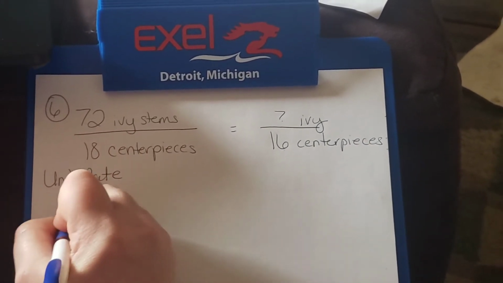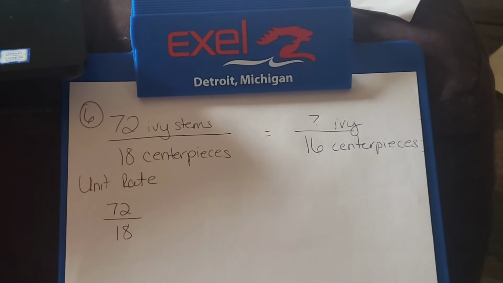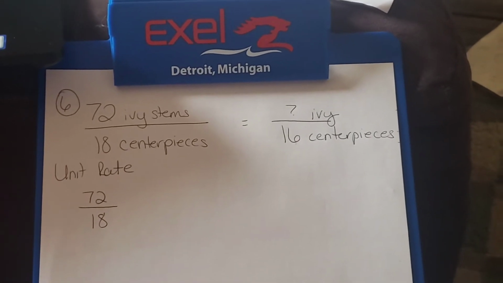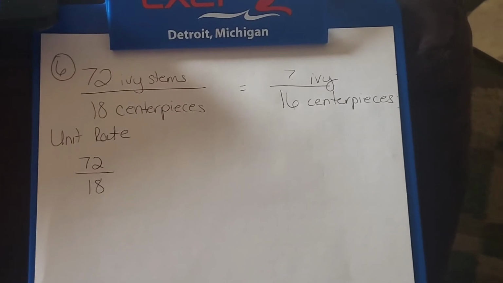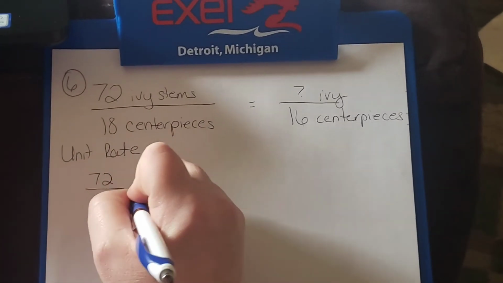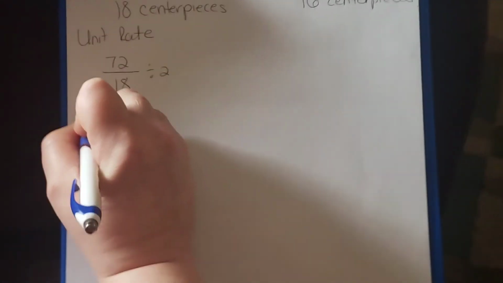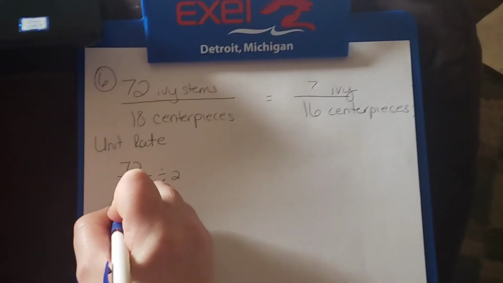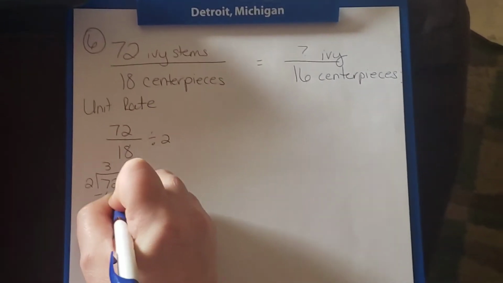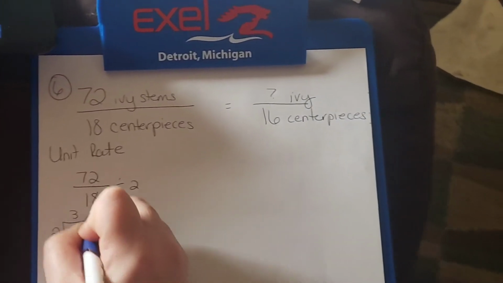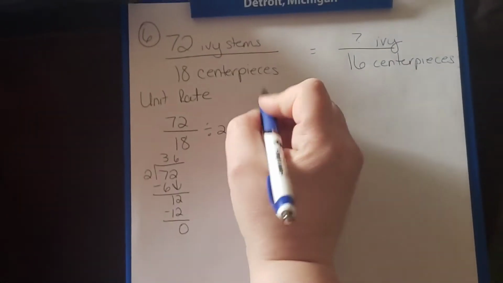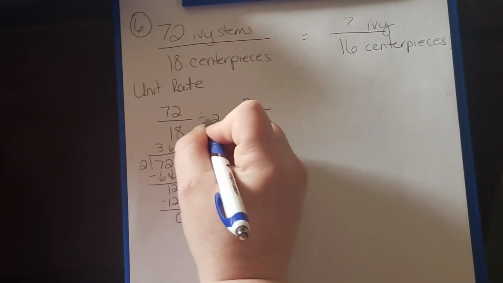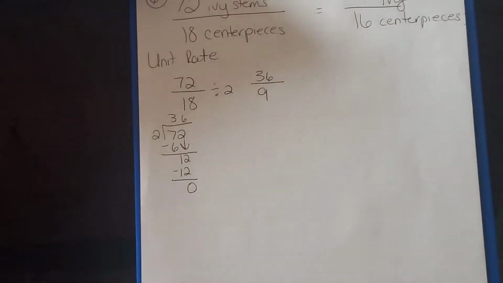I look at the numbers 72 and 18, and I'm going to try to divide to lower it down. They're both even numbers, so I know they're divisible by 2. 72 divided by 2 is 36, and 18 divided by 2 is 9.